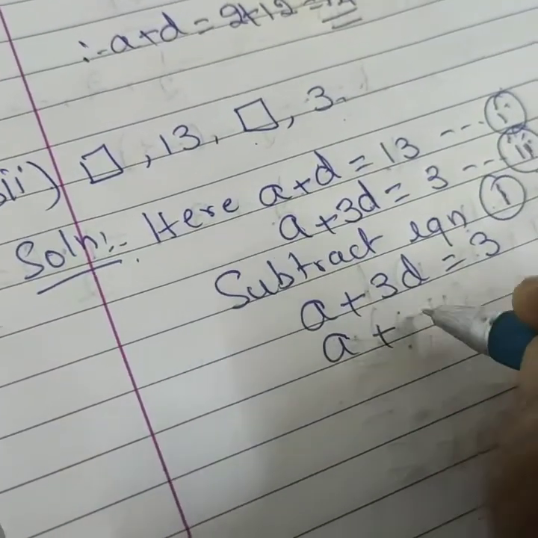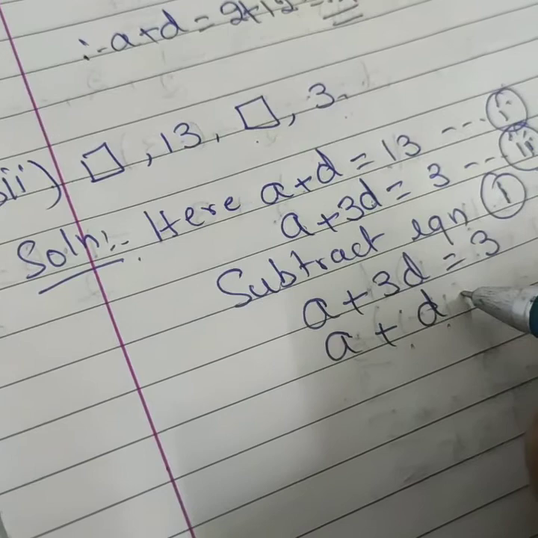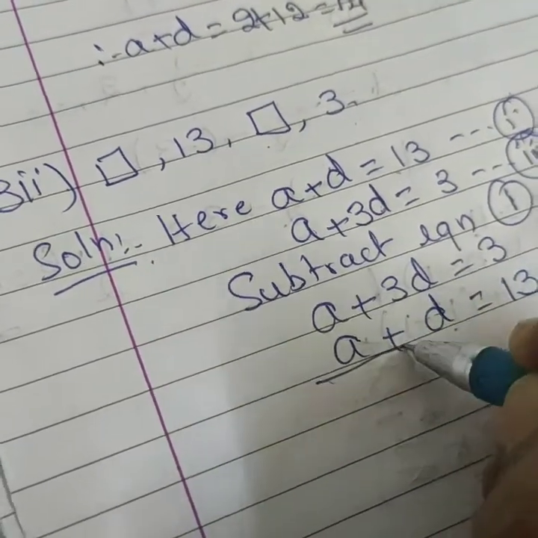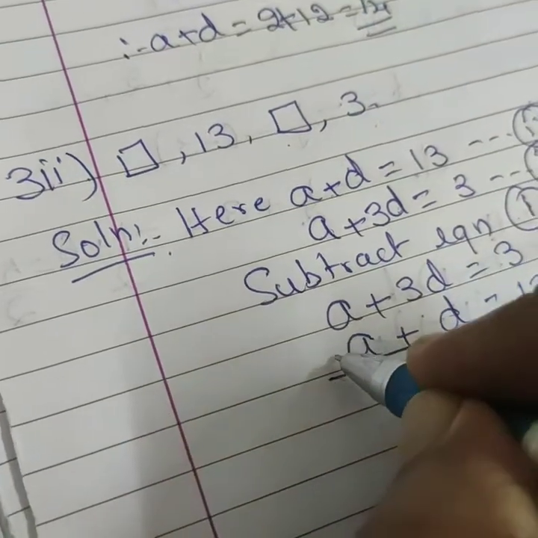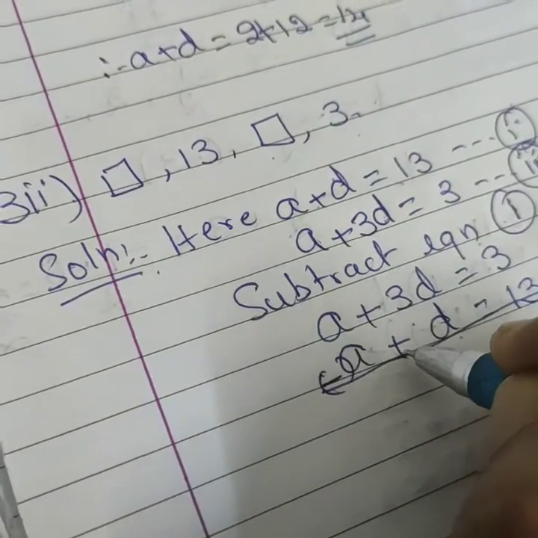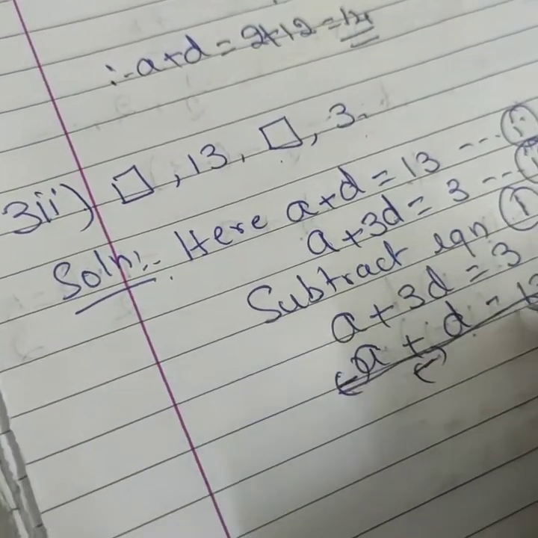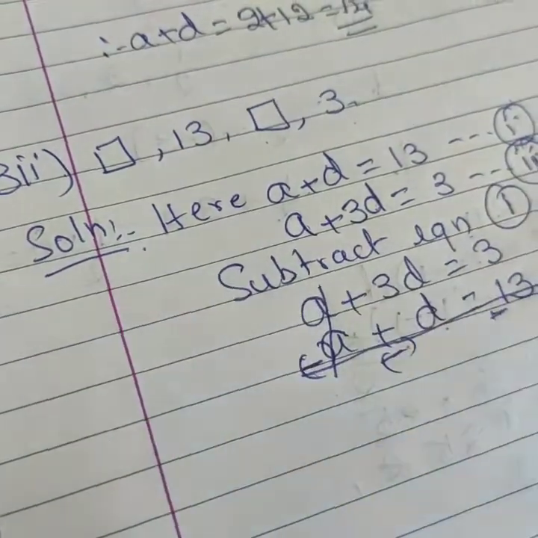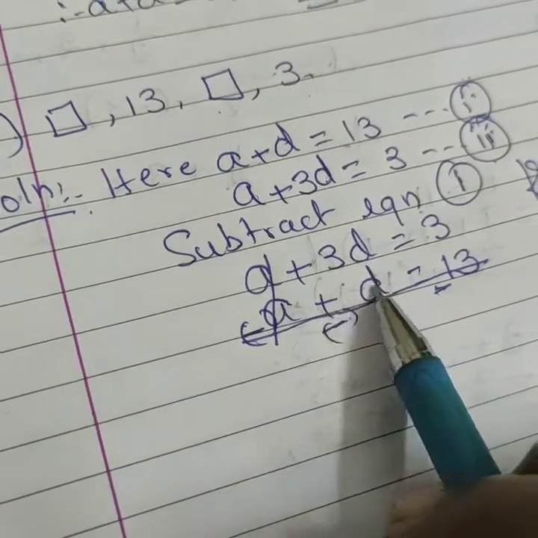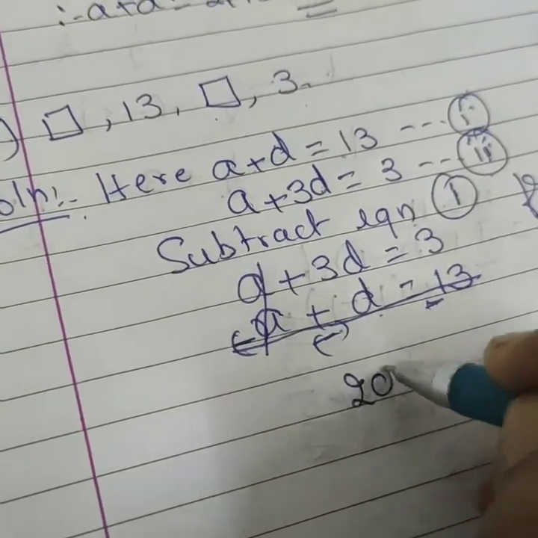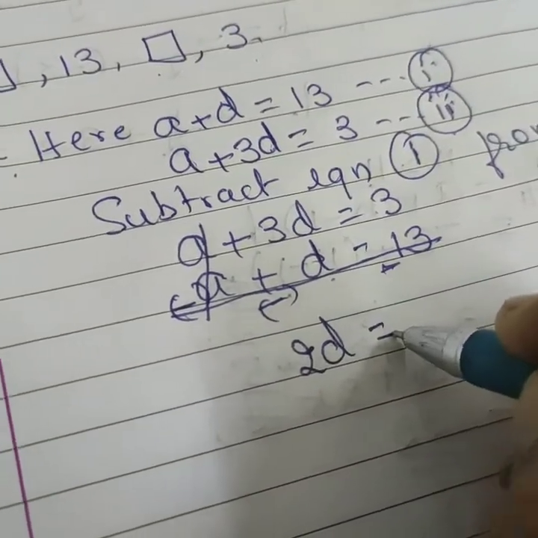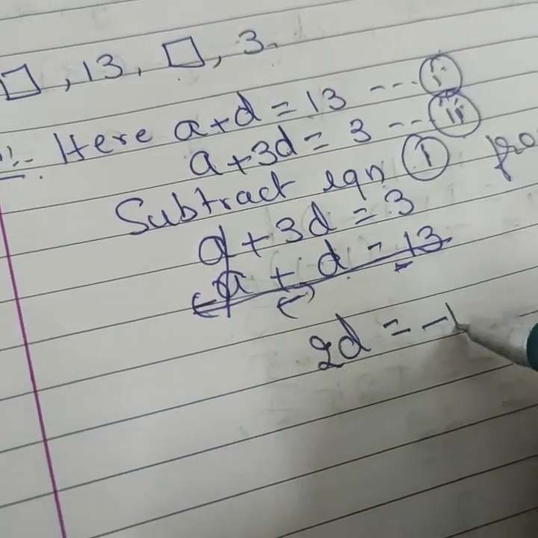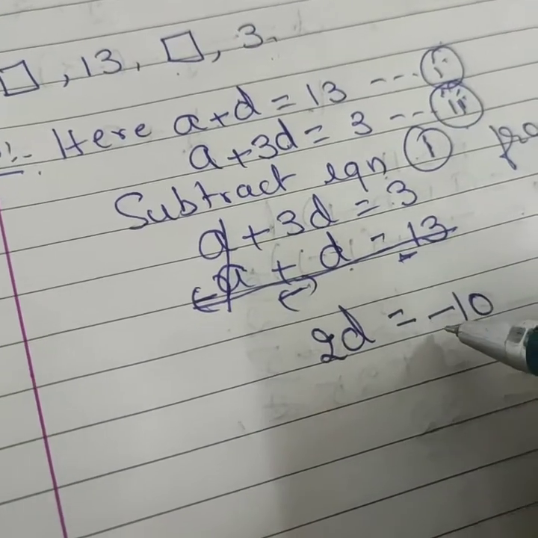A plus D is equal to 13. Now for subtraction we need to change the sign here. Change the sign. Here also change the sign. So here A minus A gets cancelled. And here you have 3D minus D, you will have the answer 2D. Then here you have 3 minus 13, that is minus 10 will be the answer.